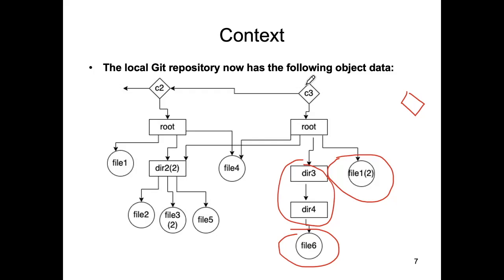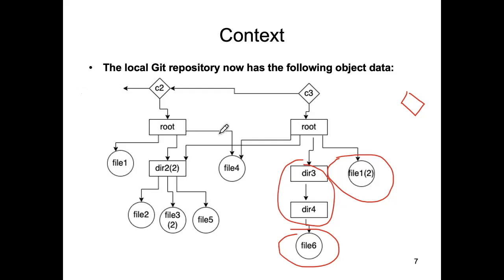Some parts of that snapshot are new tree and blob objects. Other parts of that snapshot refer back to tree and or blob objects that were created from a previous commit, not necessarily the immediate preceding commit. It could be one further down the line.